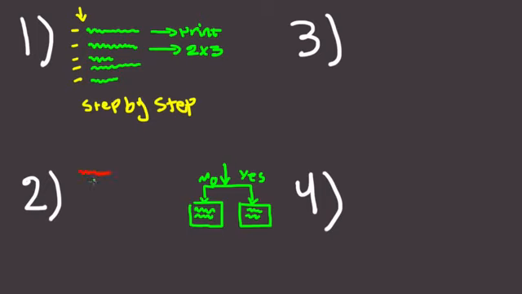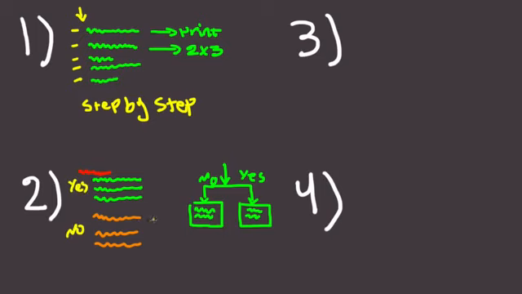Then if it's true, the green will be executed here. If not, we can say that the orange will be executed. So it's a very, very simple way of building a condition. There are more sophisticated structures when it comes to conditionals, but you can get the idea. So this part would be yes, and this part would be no.